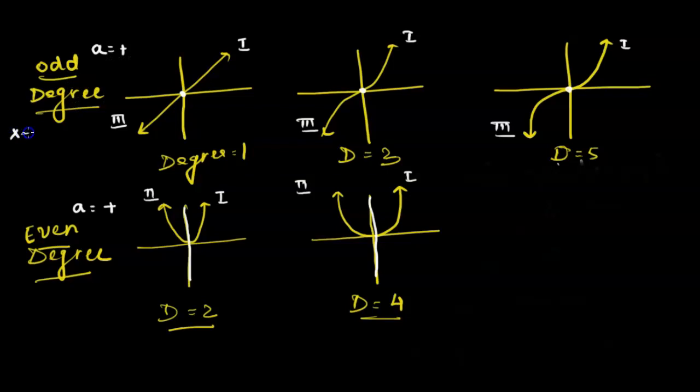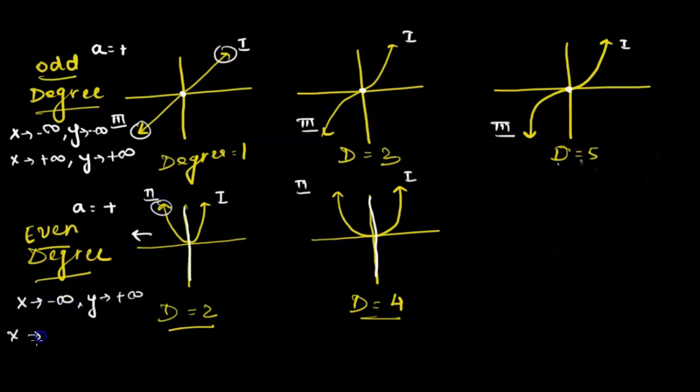That is, if x approaches negative infinity, y approaches negative infinity, and if x approaches positive infinity, y approaches positive infinity. Similarly, the end behavior for even degree function when a is positive is when x approaches negative infinity, y approaches positive infinity, and if x approaches positive infinity, y still approaches positive infinity.